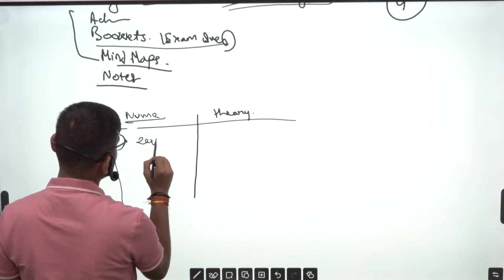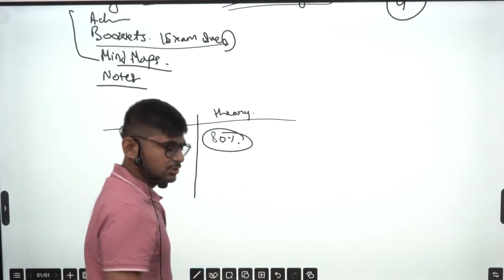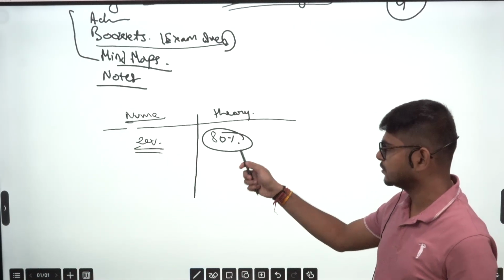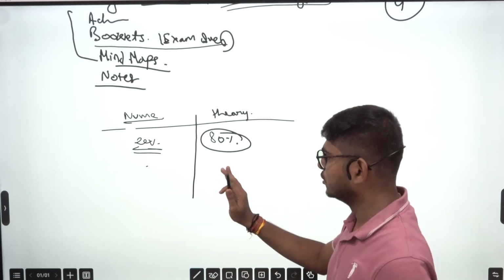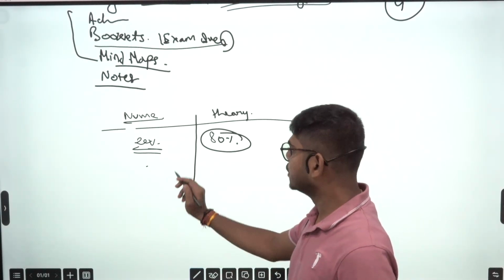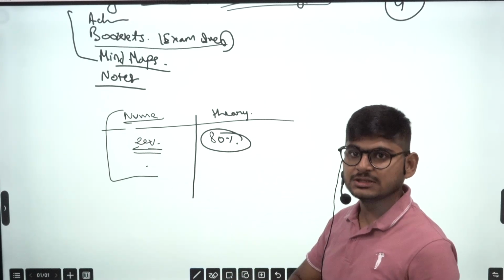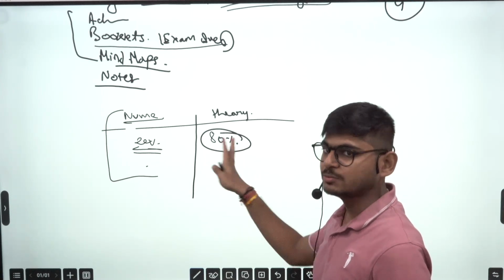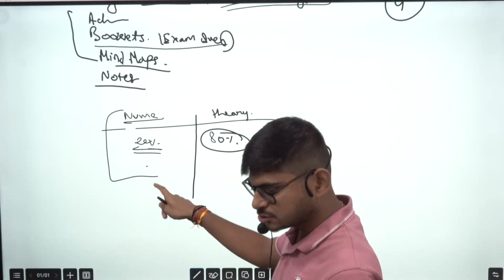Numerical is approximately 20%, the rest 80% is the theory, higher order skill questions, booklet, direct book works, everything comprised over here, and 20% numericals alone, only 20%. It's typically different from what we have seen in the CT series, where the ratio was reversed: 80% numerical, 20% theory.